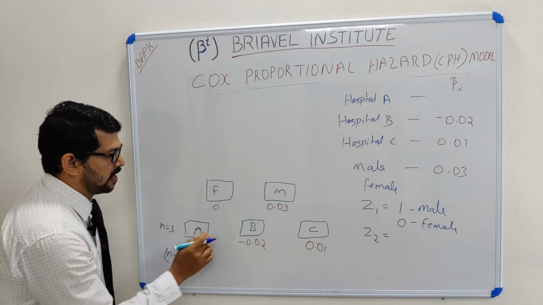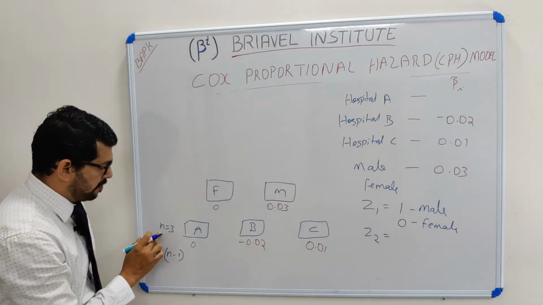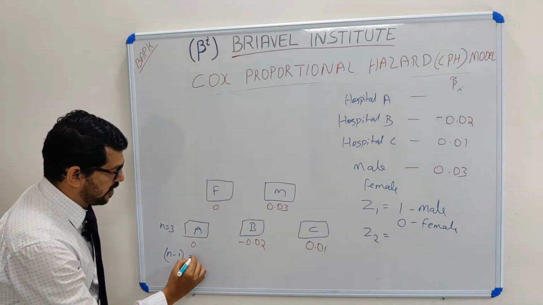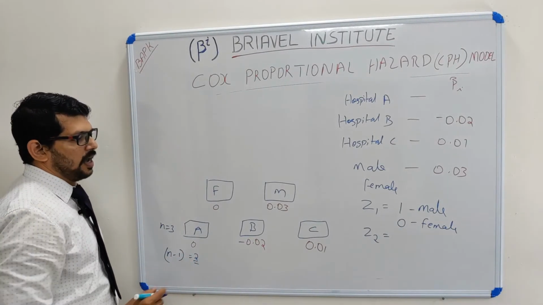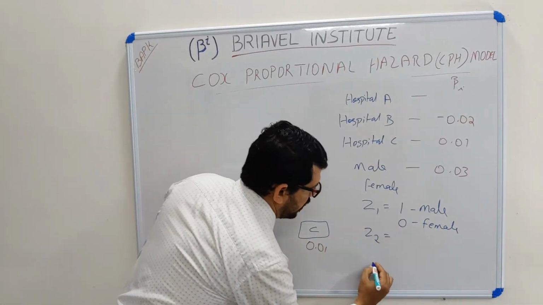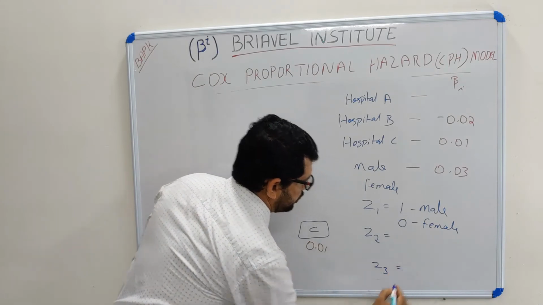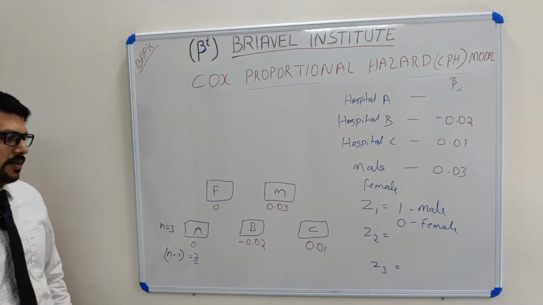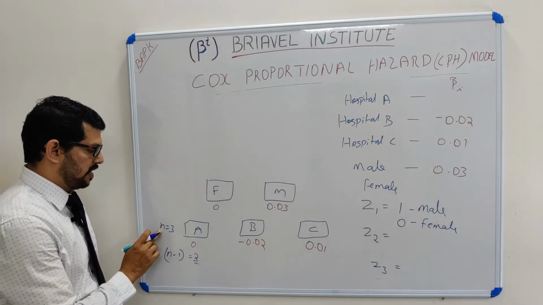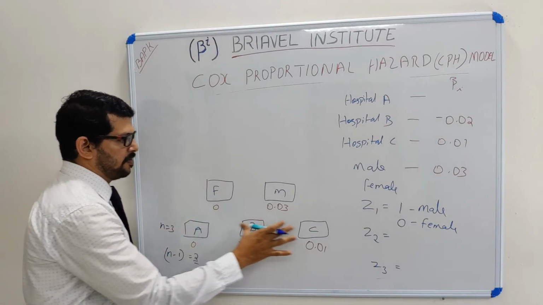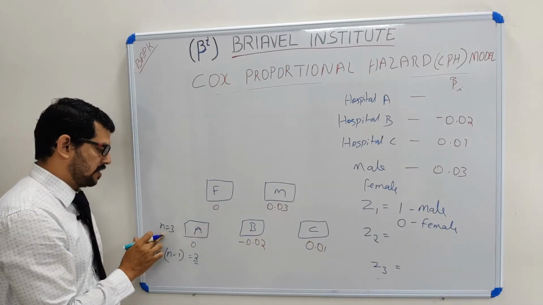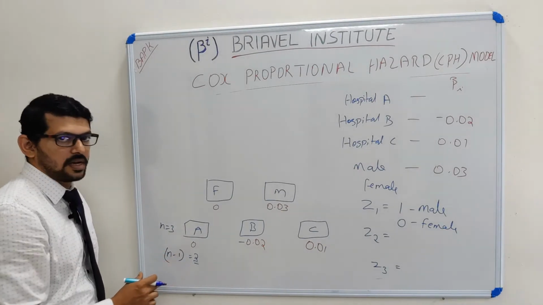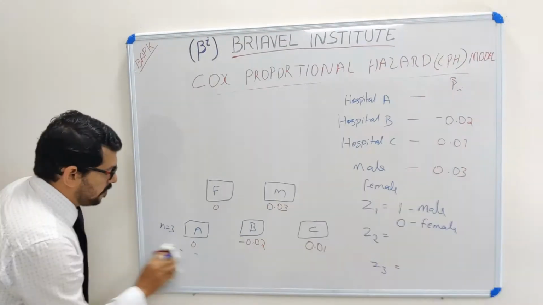Then I am taking n minus 1, so I need n minus 1 equal to 2. I need Z2 and Z3. I have to select 2 covariates, Z2 and Z3, because it is a dummy variable. Whenever you select dummy variables, check how many categories there are. You have to take n minus 1 covariates.